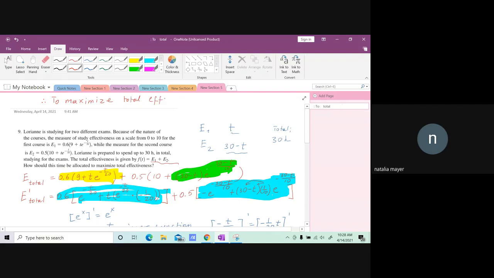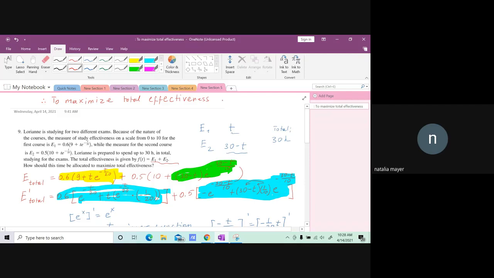Don't forget, how many values for time should we mention in the final statement? 2. Two. Yeah. To maximize total effectiveness. Okay, Mina, go on. T should be located as 20.